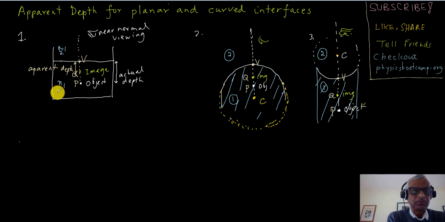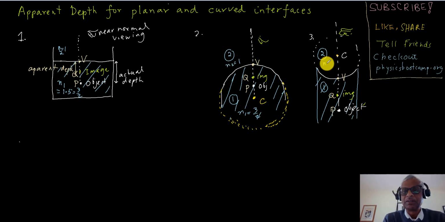Here I'm just going to make all of it glass, and we can use 1.5, which is 3 over 2. So n1 equals 3 over 2, and n2 equals 1. You can do it for all other n values, but n1 equals 3/2.